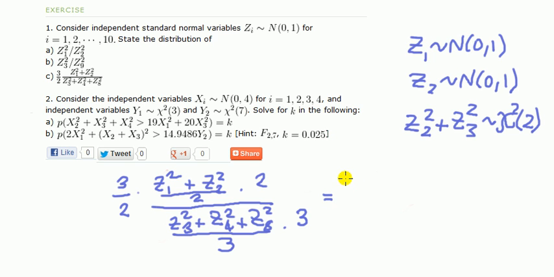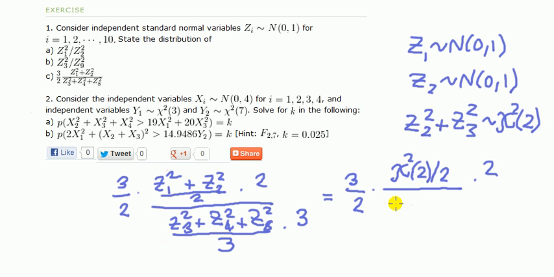So in essence, what we have is 3 over 2, and on the top, this bit is chi-square 2 divided by its degrees of freedom, which is 2, and we've multiplied that whole thing by 2.